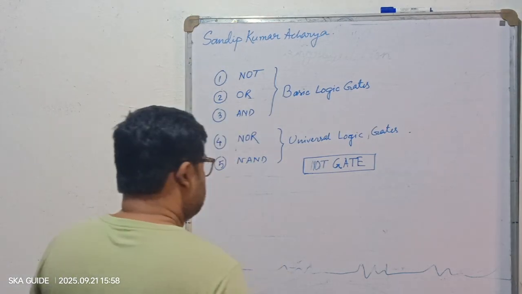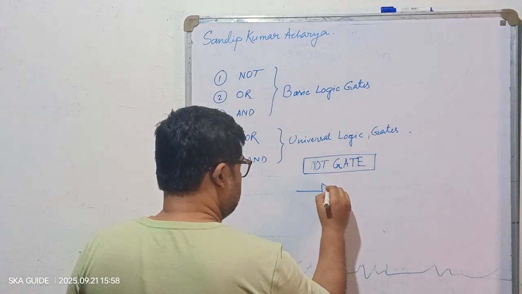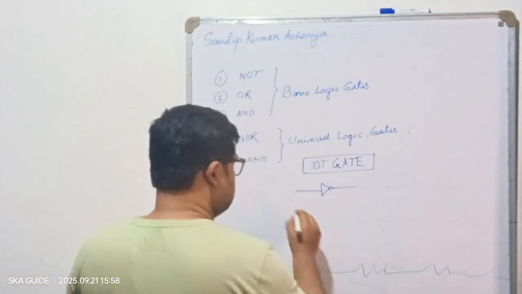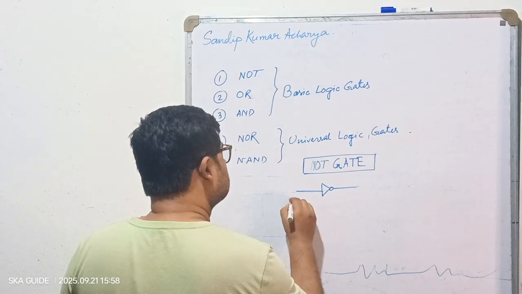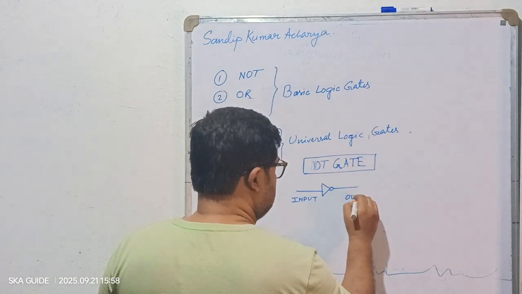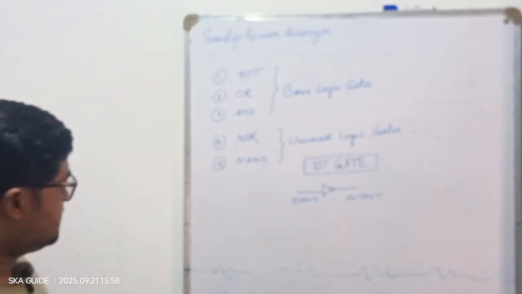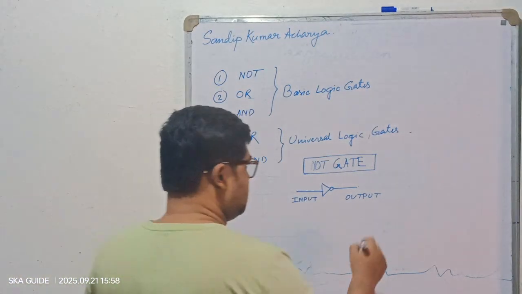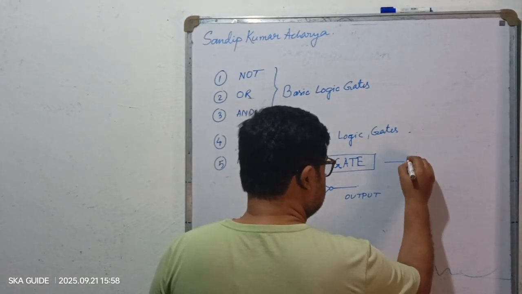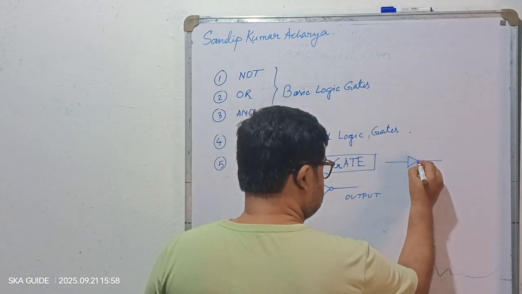The logic diagram of this NOT gate is like this. This is called input and this is the output of the gate. Before NOT gate, we must know the concept of buffer. Sorry, there is no circle here.